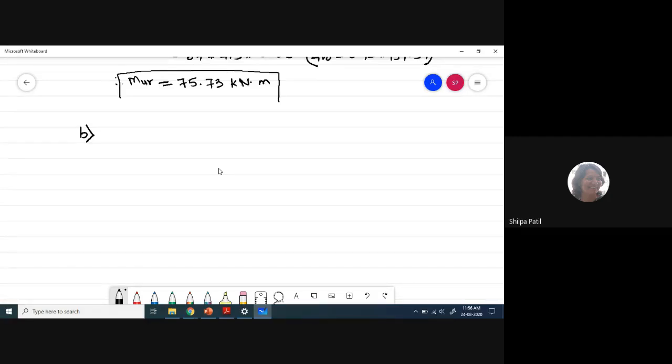So can you tell me the values over there? How many bars are there? 4 bars of 20 mm diameter. For that, your AST value will be different.